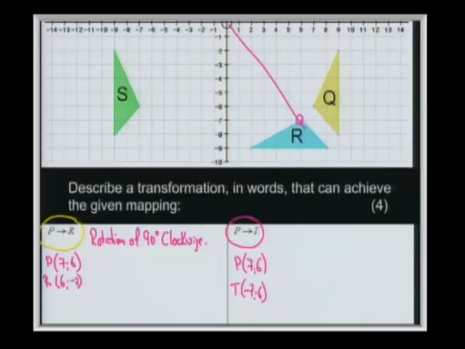Okay, what has happened here? Have the y values changed at all? No, only the x values have changed. So if we think back, if the x values change and the y stay the same, it is a reflection about the y-axis. Very good.